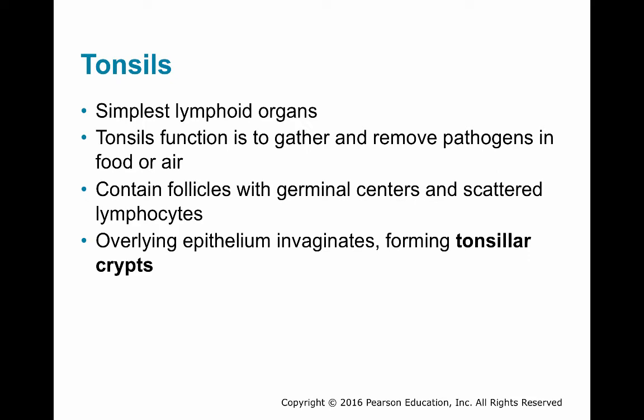They're named according to their location, which we're going to look at here in a second, right? And basically they have overlying epithelial invaginations that form what are called tonsillar crypts. And these crypts allow bacteria and particulates to enter, where they can be essentially trapped and destroyed.